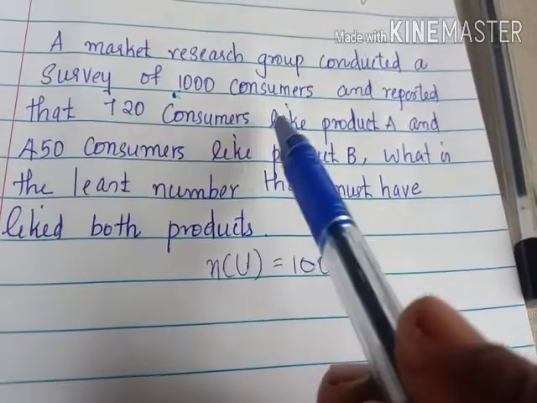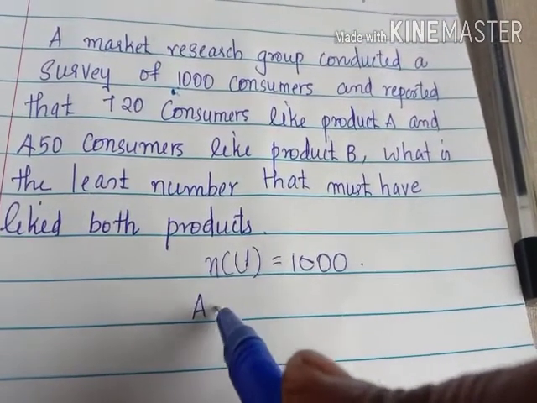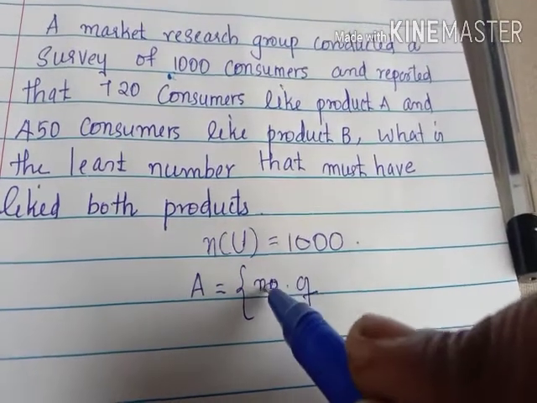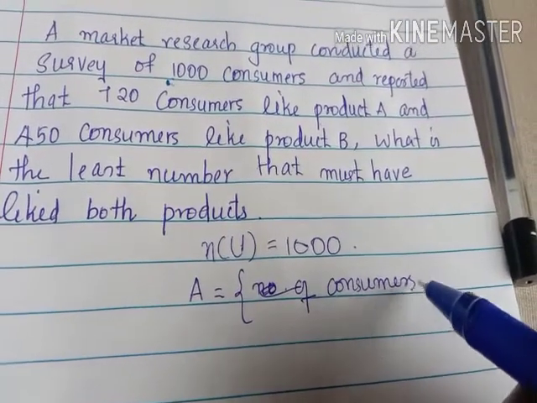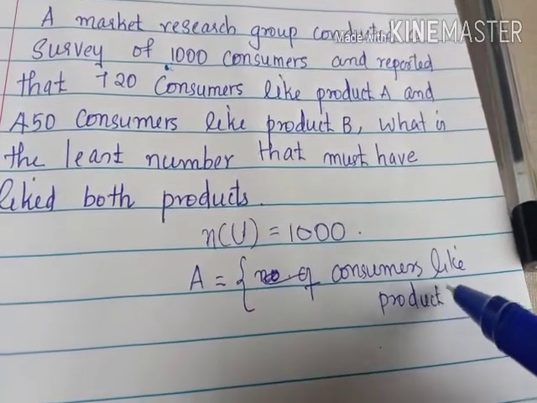Now 720 consumers like product A, so let us take the set A. Set A is the set of consumers who like product A.